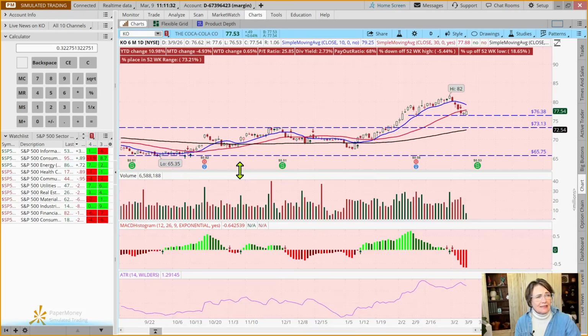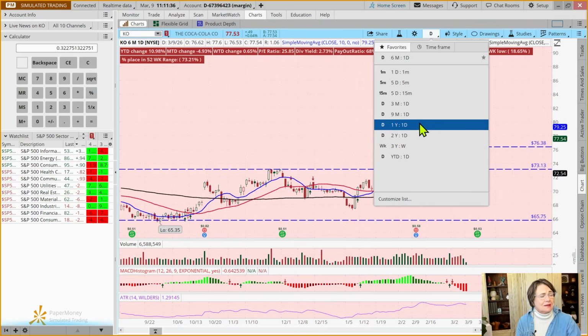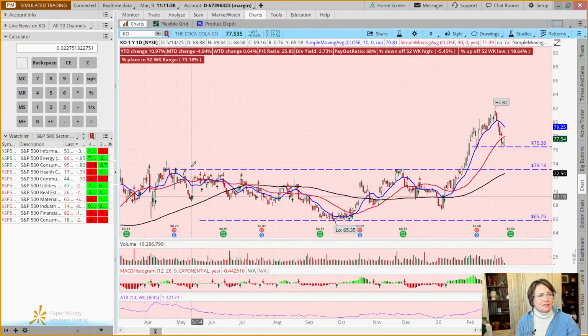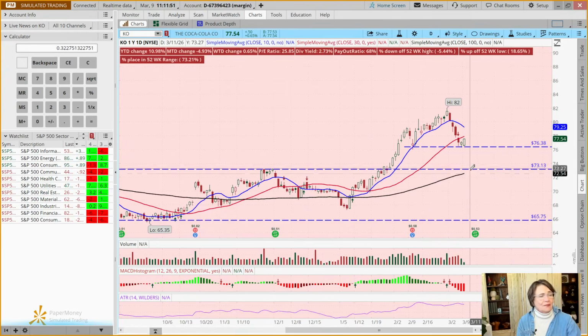But could we look at something like Coke, which was going sideways? Like if I back this up a bit, it was going sideways. We have this big cup and handle pattern, and then it broke out, came down to a previous support level. And today we have this bullish engulfing pattern at a support level.